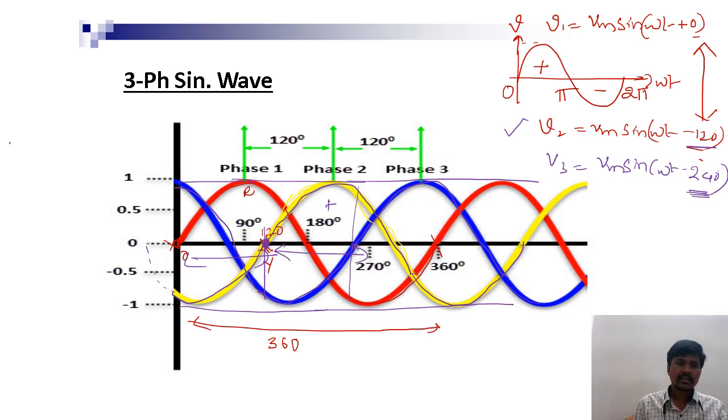That means here we are getting a balanced three-phase voltage source, which is going to be represented with three-phase sinusoidal waveforms. So like this, we are going to represent three-phase sine waves. Okay. Next.